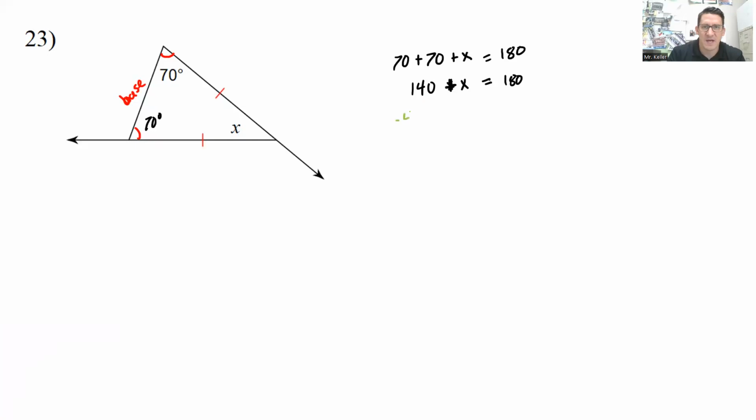Subtract 140 from both sides. That'll cancel out, and you get X is equal to 40 degrees. Sometimes you're going to need to combine your knowledge of isosceles triangles, those angles being congruent, and the fact that all three angles in any triangle add up to 180.